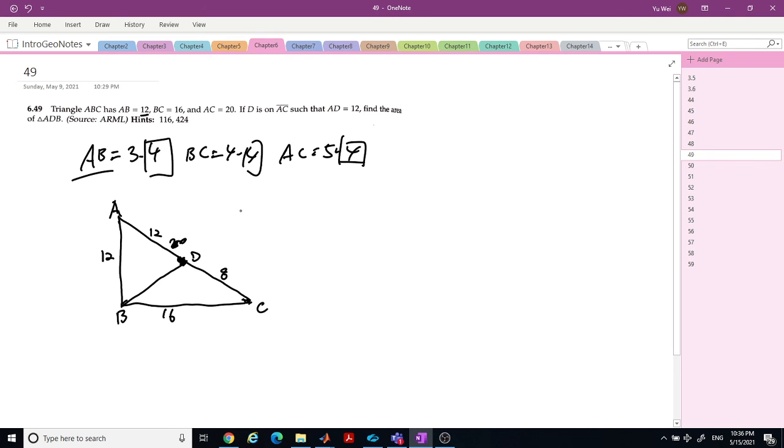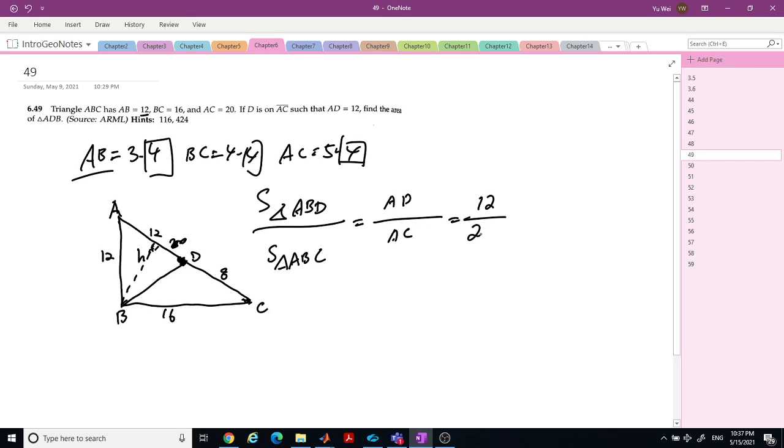So you can see we have a common height. Triangle ABD against the triangle ABC, we have the same height H. So the ratio is equal to the sides, AD over AC, which is 12 over 20, or 3 over 5.